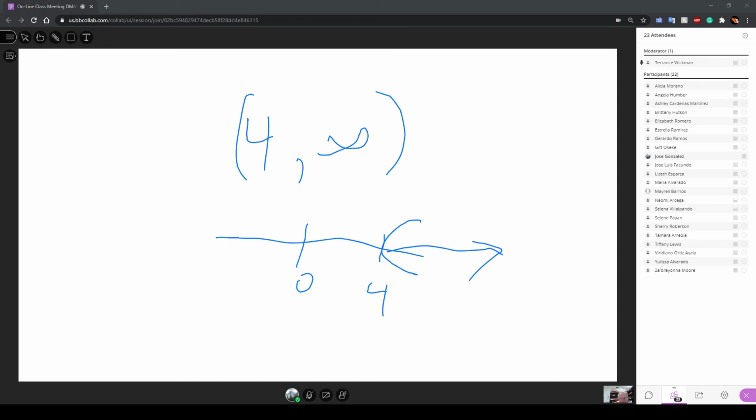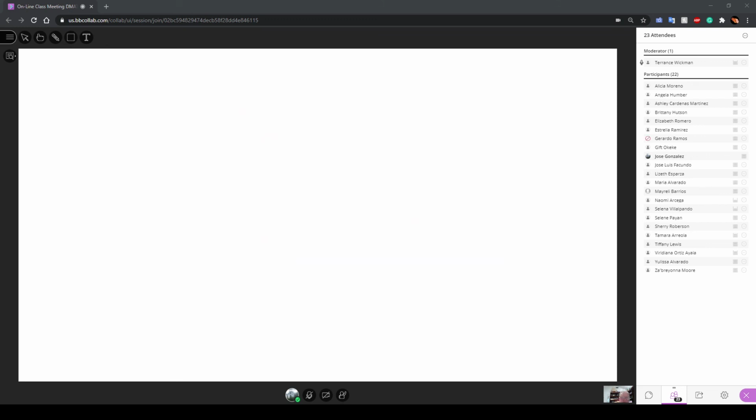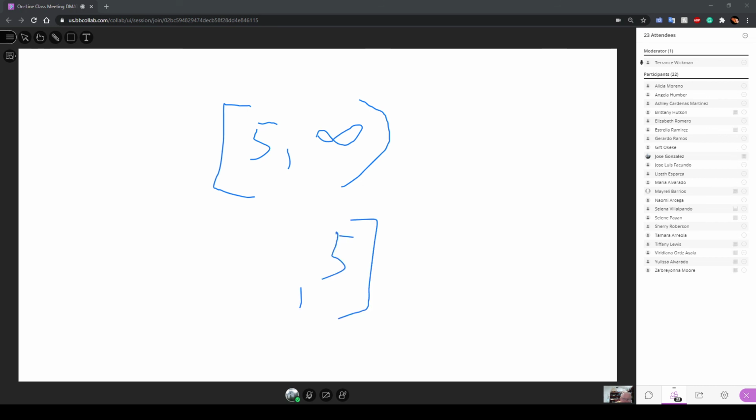Now, anytime that you involve infinity, infinity never has an ending and always has a parenthesis. Positive infinity is always on the right. Negative infinity is always on the left. Like that.